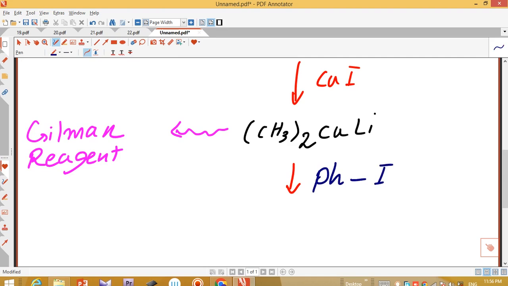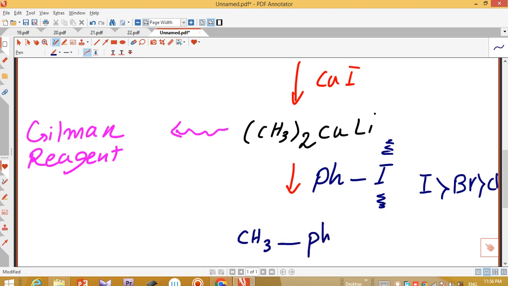And also I have to talk about the leaving group. Iodide is better than bromide, and bromide is better than chloride as a leaving group. I will talk about details of the leaving group later, but right now, please know that iodide is the best between different halides as a leaving group.